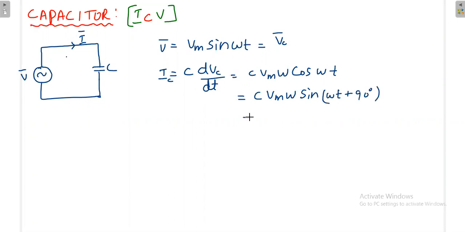And you know one thing, whenever there is 90 degrees, we can also write it in terms of j. So this is omega C Vm sine omega t, and you can write the j separately.